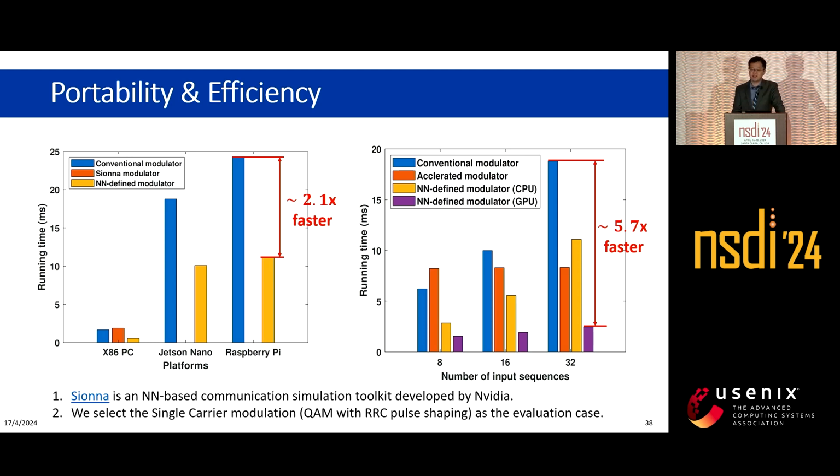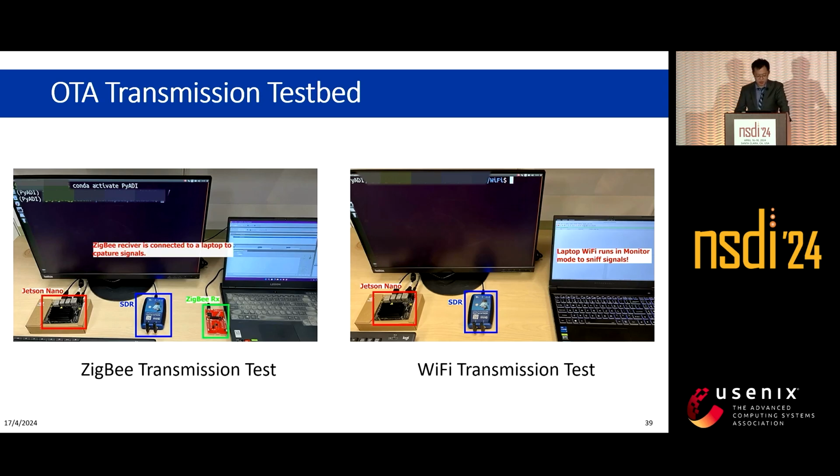It wants to do similar things, having the GPU support communication digital signal processing, but it is not available to run on Jetson Nano and Raspberry Pi because Nvidia doesn't support them. Also, we can see our performance running on multiple platforms is very good compared to the conventional ones. And we built a demo to show how we can construct ZigBee and Wi-Fi.